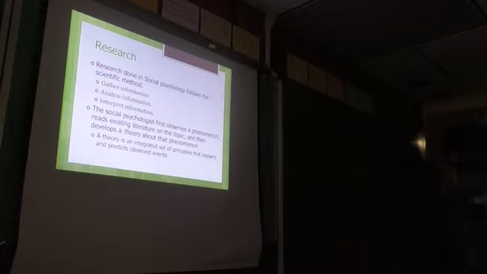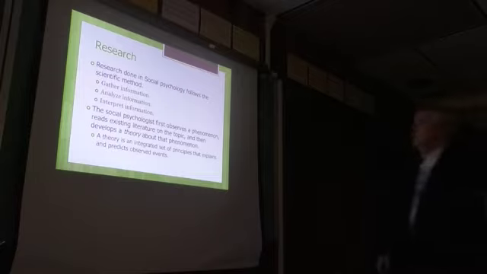But the other problem we're going to get is that here we want to know about this reservation, and we may get information about all the reservations in the United States, and there are hundreds. We may get information about Pine Ridge, or Wind River, or Cheyenne River, or Fort Belknap, or Fort Peck, or Blackfeet, or Northern Cheyenne, or Crow. You never know what you're going to get.